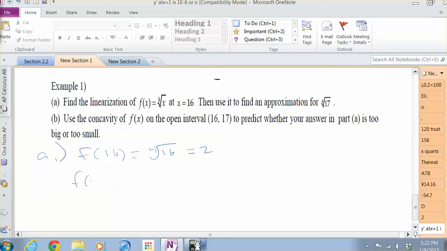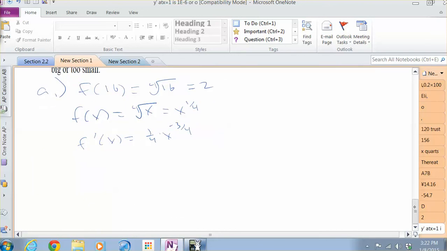What if I called my function the fourth root of x, and I took the derivative? Remember, the fourth root of x is x to the 1/4 power. So the derivative is 1/4 times x to the negative 3/4. F prime of 16 is 1/4 times 16 raised to the negative 3/4 power.